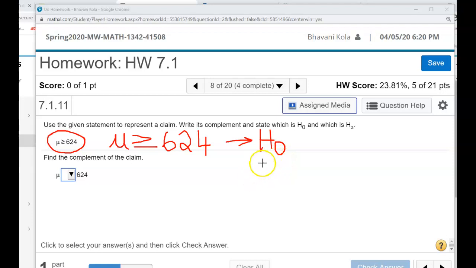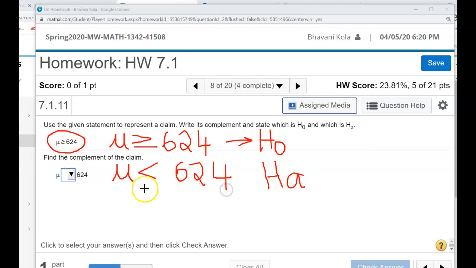So your next step is to write your alternative, which is your HA. Once you know which your H naught is, HA becomes very simple. It is again mu, the mean of the population. The opposite of greater than or equal to is simply less than the same number, 624. It has to be the exact same number. Everything stays the same except the signs.